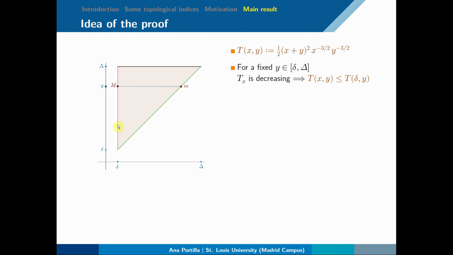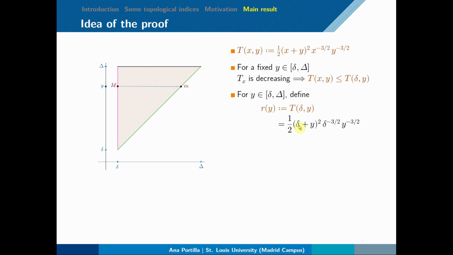Using this idea, we define a one-variable function for the fixed value of x equal to delta in the function T. So this one-variable function r happens to have this expression.